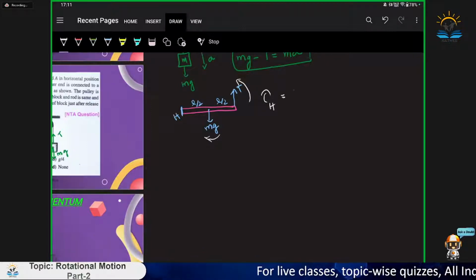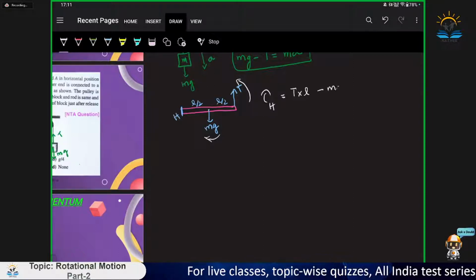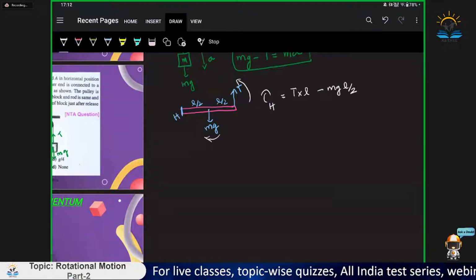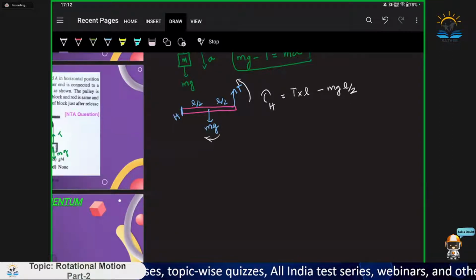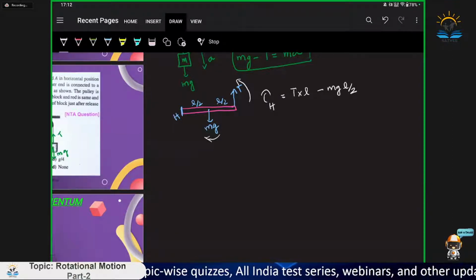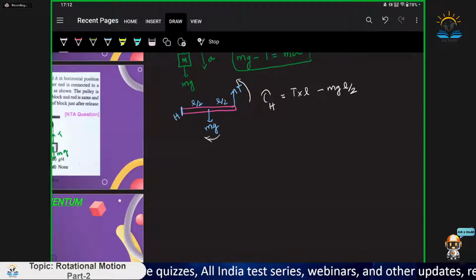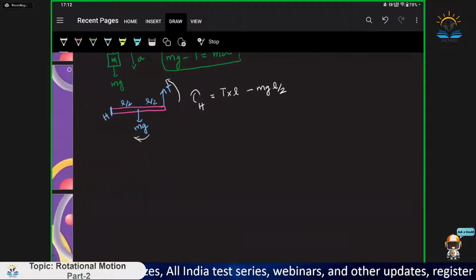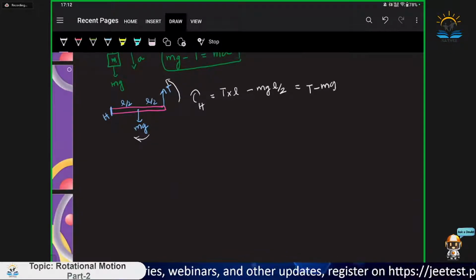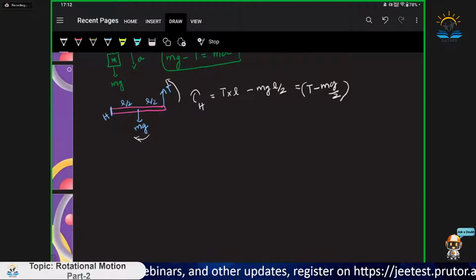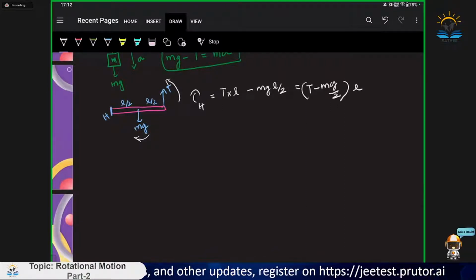Net torque will be T into L minus mg into L by 2. L is common here: T minus mg by 2, into L. This is the net torque.